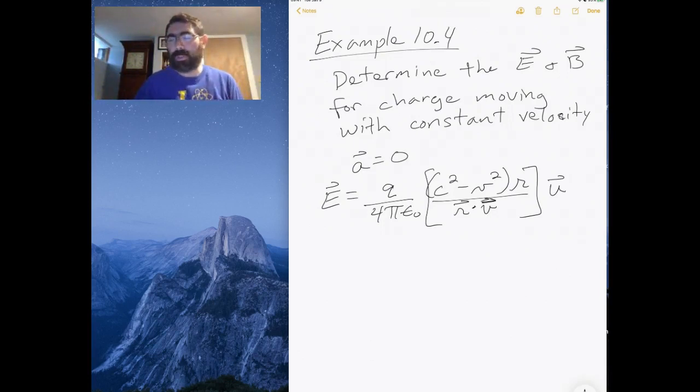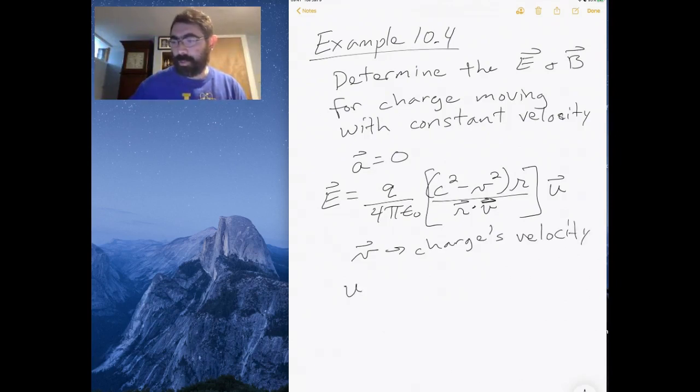So just remember that the charge is moving with v, so v is the charge's velocity, and u is the speed of light in the direction of script r minus that velocity.